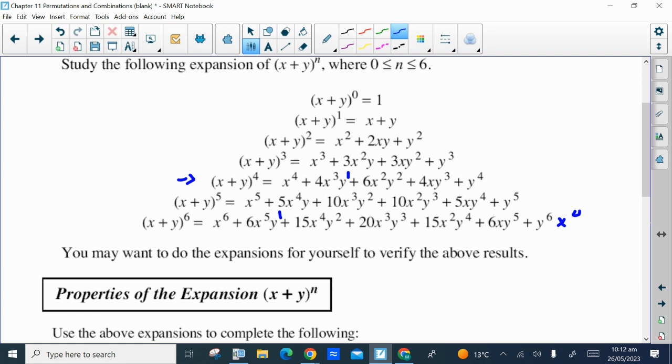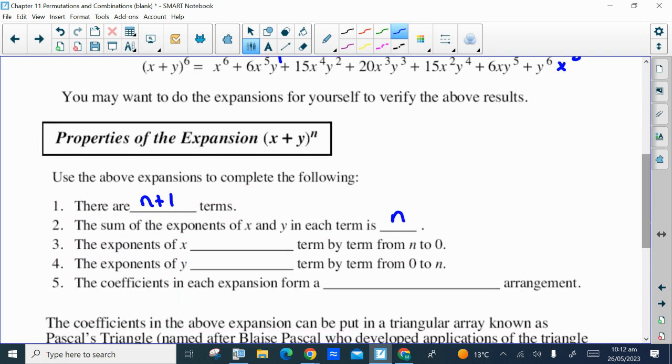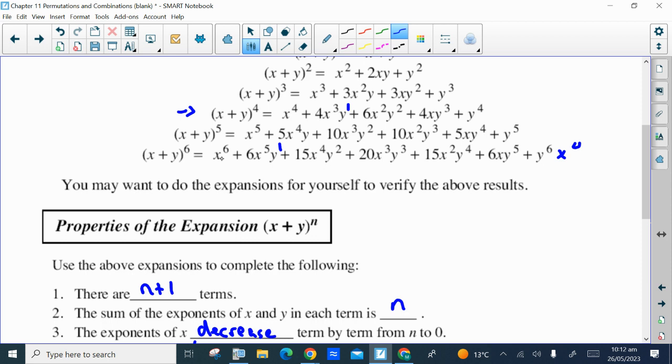So what happens to the powers on x is that they decrease term by term, starting with n all the way down to 0. Whereas the exponents on y do the opposite, they increase from 0 up to n. You see, this first term would be y^0 x^6. The next term is y^1, then y squared, y cubed, y to the fourth, y to the fifth, y to the sixth.